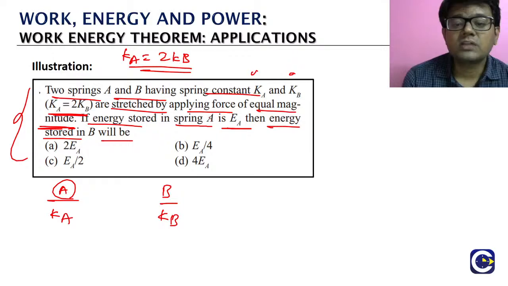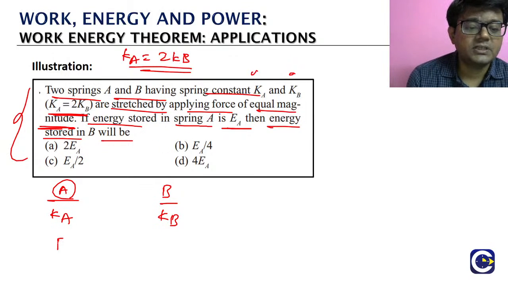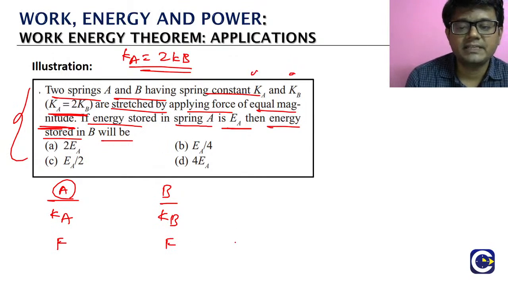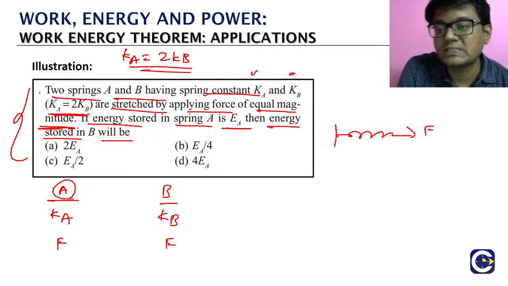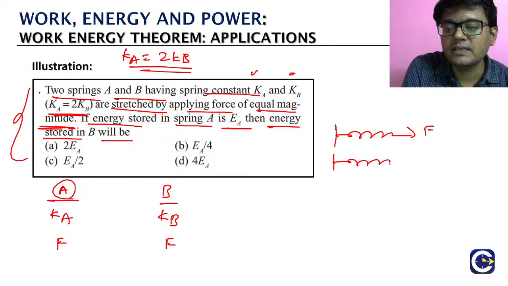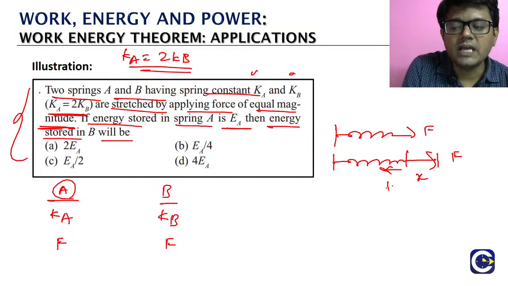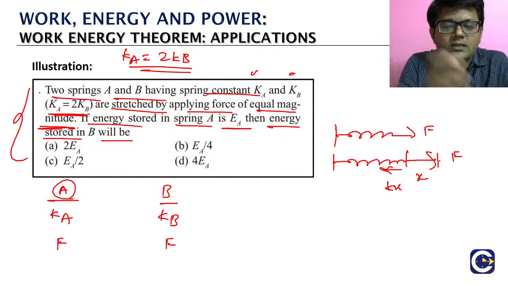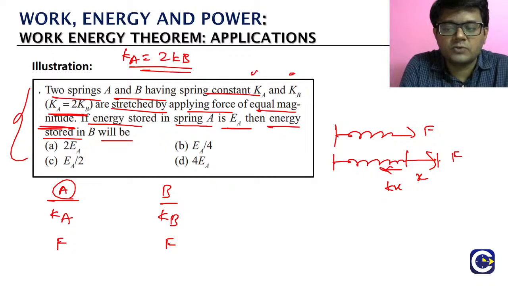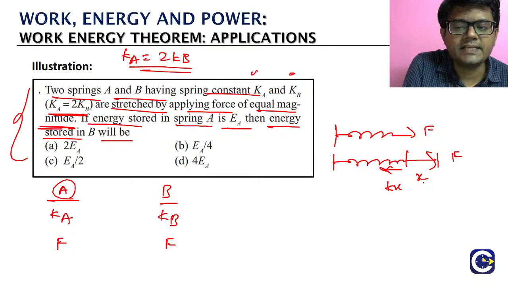They both are stretched by applying the same force, which means the force applied here is F, and here also F. When you have a spring, we apply a force to stretch it. The spring will be expanded, so let us say x is the expansion. The applied force will be balanced by the restoring force. So x represents the amount of elongation.